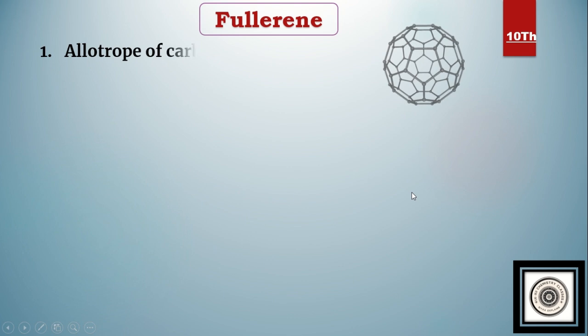Now coming to Buckminsterfullerene, or fullerene in simple terms, or C60. There are 60 carbons in a fullerene molecule. This is the latest allotrope of carbon, discovered very recently.